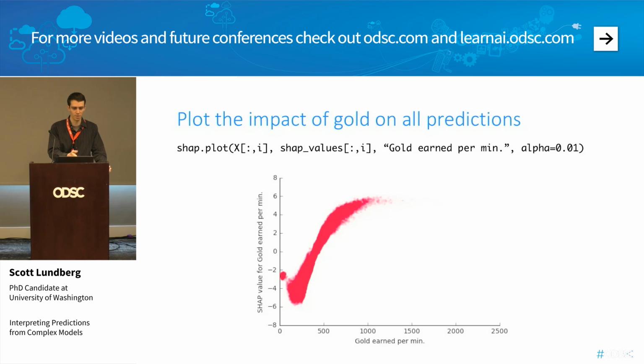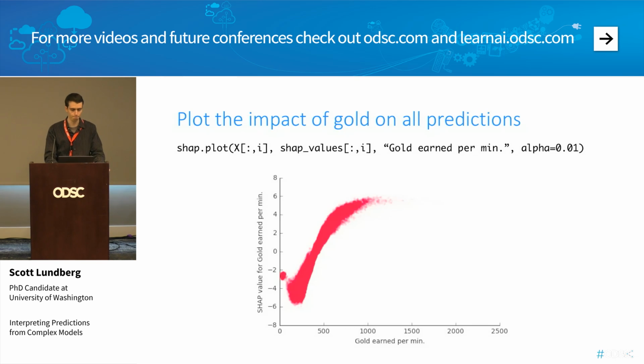This person may be a specific champion, and so it matters more to earn more gold. Or this person may have died fewer times. And so all the interaction terms change how much it matters for that person. And so vertical spread tells you the interaction effects and how much they change the importance of this feature. Okay? If there were no interaction terms, there would be no vertical spread. You would just see a line.